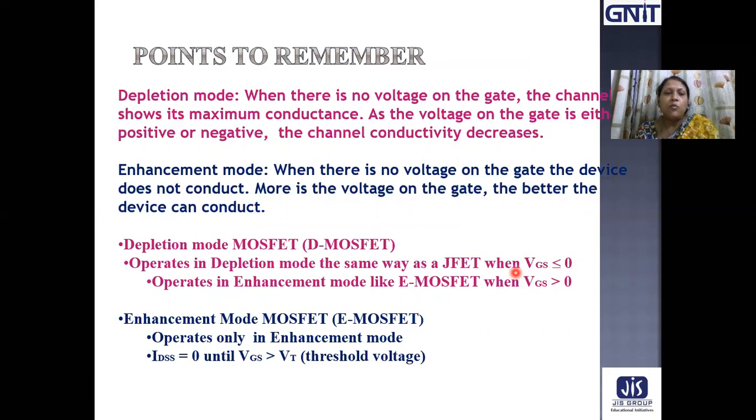So depletion mode operates the same way as JFET, that is, when VGS is less than or equal to 0. And MOSFET operates in enhancement mode when VGS is greater than 0 or VGS is greater than V threshold.